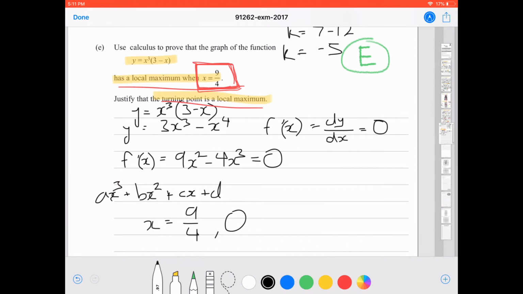So they want us to justify that this x equals 9/4 is the maximum. Now, how are we going to go about justifying? Well, actually, our original equation is this x to the power of 4. And trying to justify it graphically is sort of outside the scope of what we're doing here with level 2 calculus, I think.